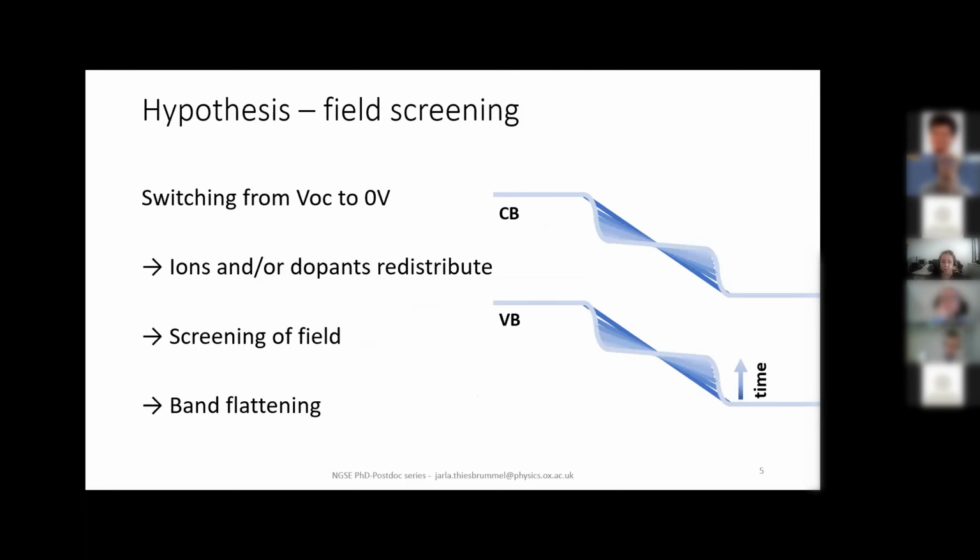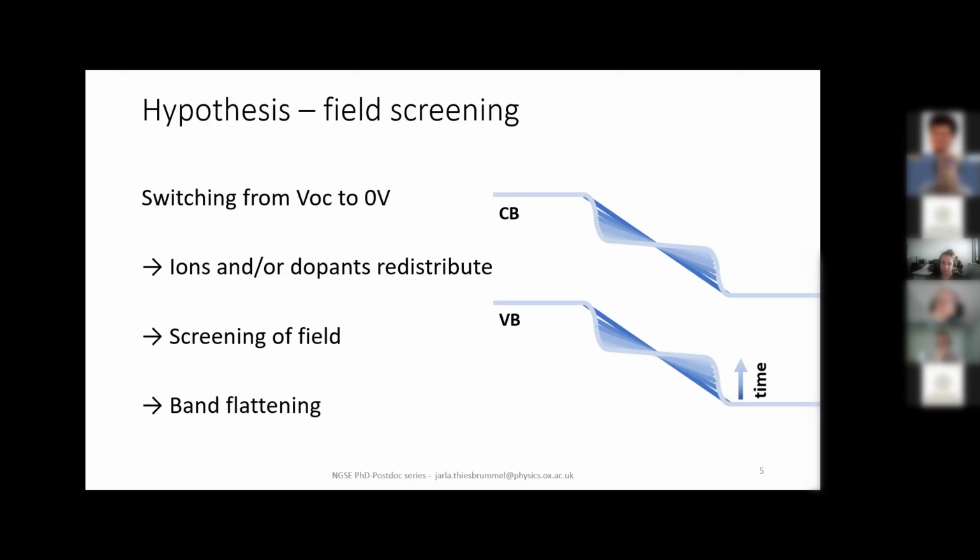But what we think might actually be happening is that when we switch to 0 volts, initially we have nice and steep bends and we're extracting all our charges. But then charged species, so either ions or doping-induced species, might redistribute in our cell and move to the interface of the perovskite with the transport layers. And there they could then start to screen the field.